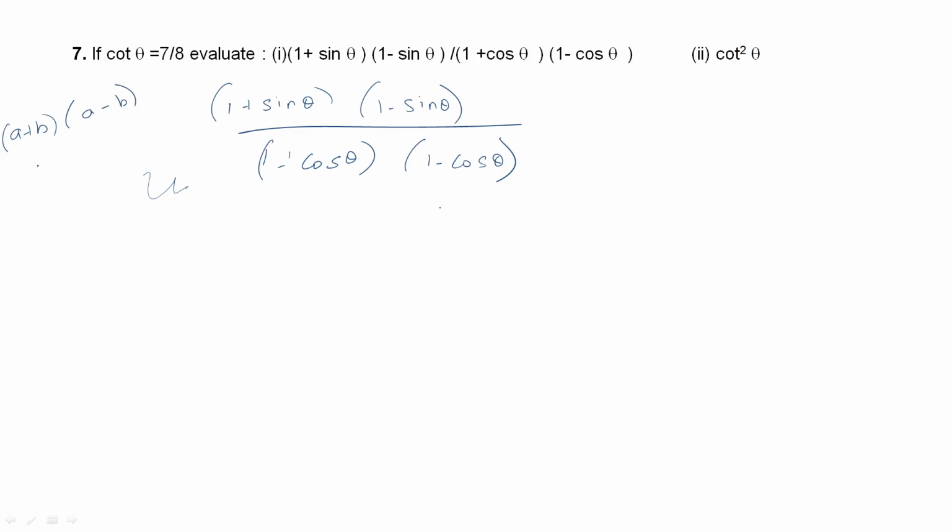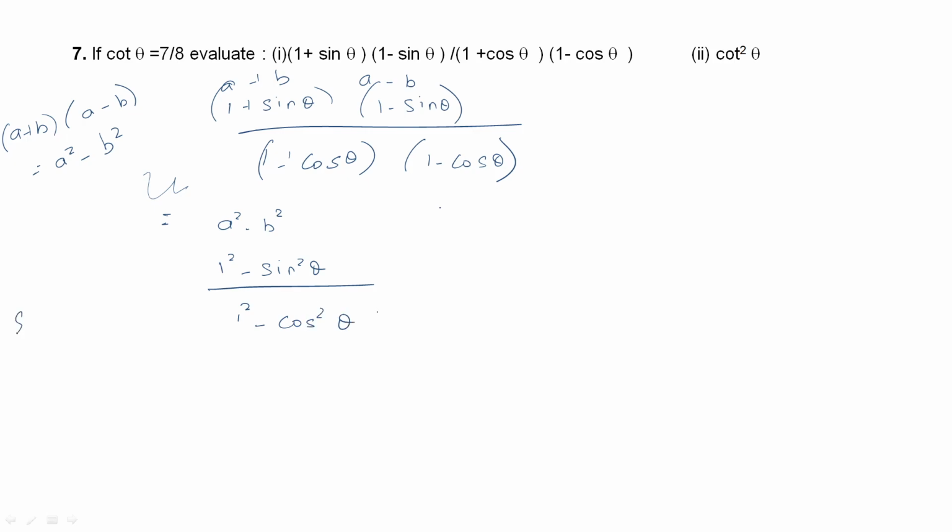We can use this identity, a square minus b square. Here this is a plus b and this is a minus b. So this will become a square minus b square. That means 1 square minus sin square theta divided by 1 square minus cos square theta.